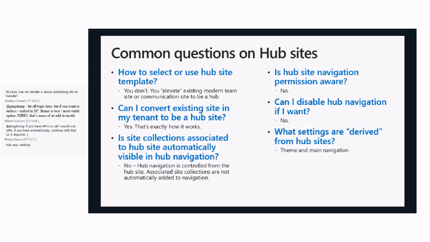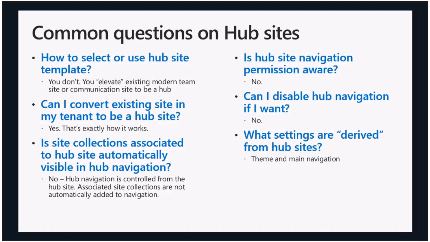If you have a larger company, well, it doesn't have to be that large, typically you have multiple different divisions, and a division might even have their own branding. And using the hub sites, you can then tie in your site collections inside of the division grouping. And then having an app catalog at the hub level absolutely would make sense. That's a great idea, by the way.